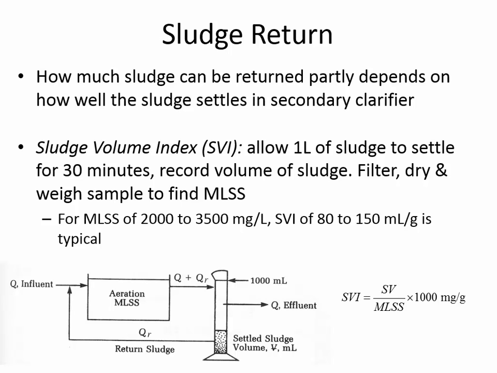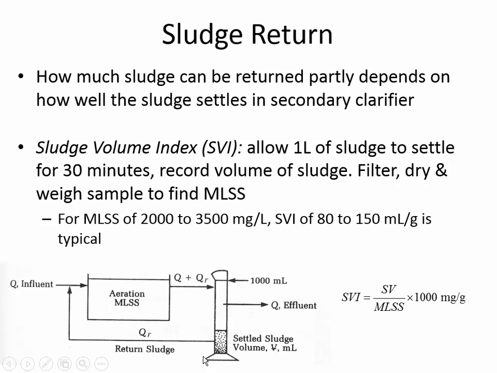And you can calculate the sludge volume index by this formula. It would be the volume of the sludge that's occupied divided by the mixed liquor suspended solids. And the sludge volume index of a typical range would be 80 to 150 milliliters of sludge per gram of MLSS.